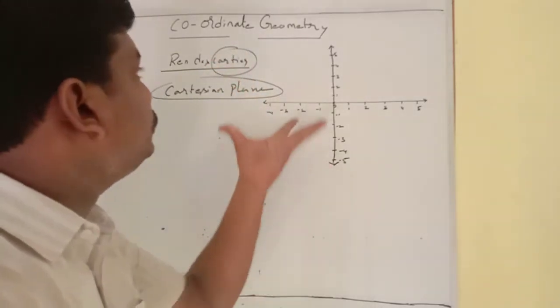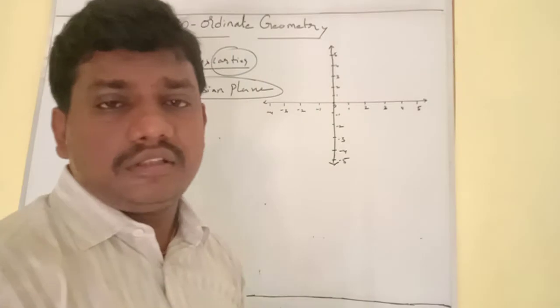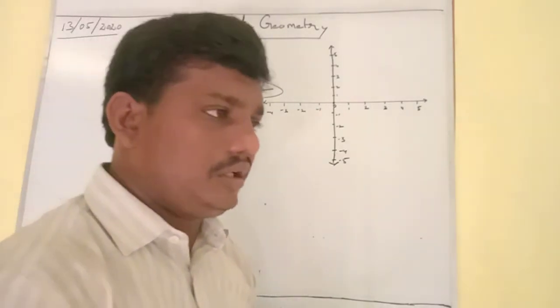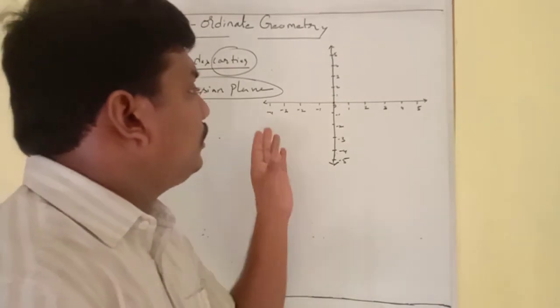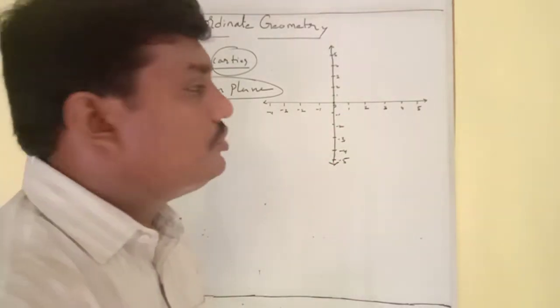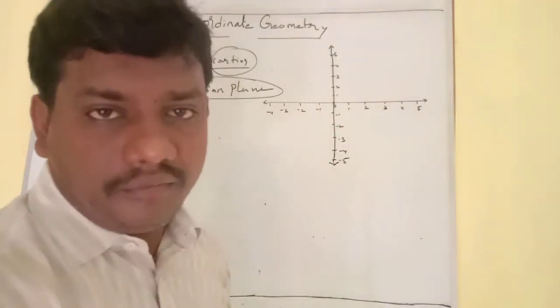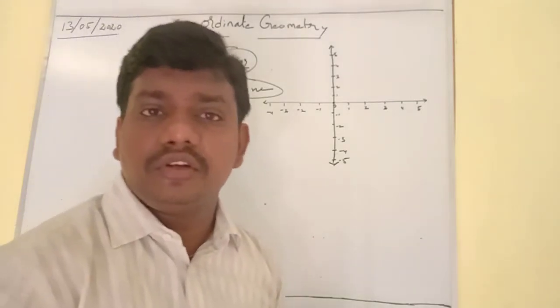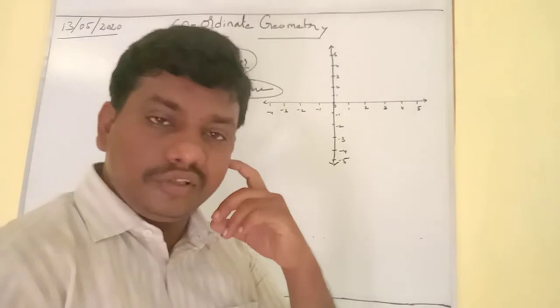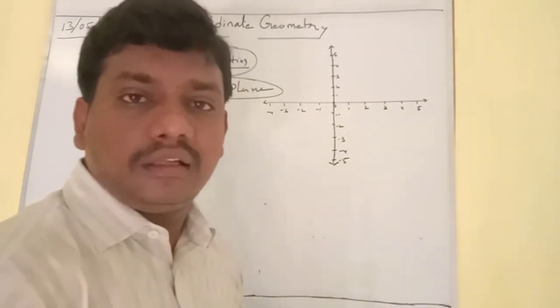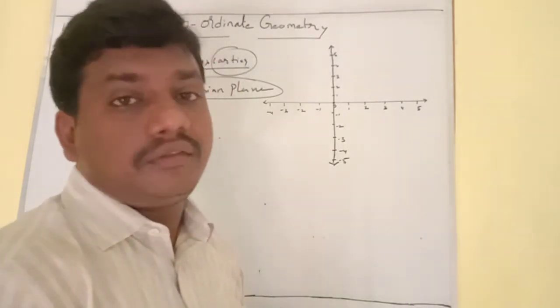What is the use of coordinate geometry? It is to write a relation between geometry and algebra. We know what geometry is and we know what algebra is. In our previous videos we came across the basics of algebra and the basics of geometry.